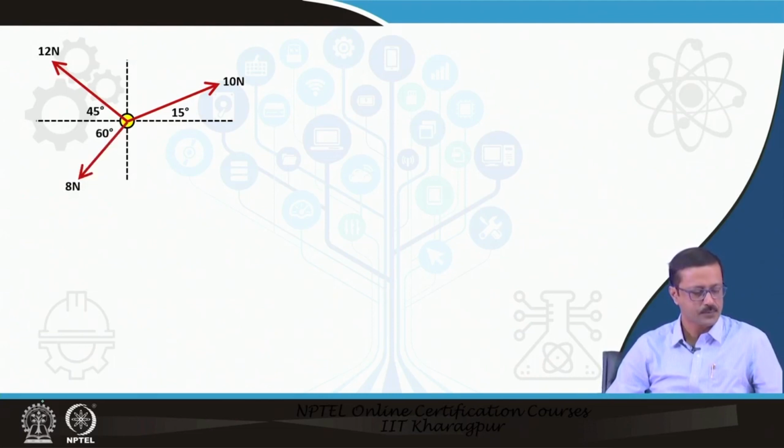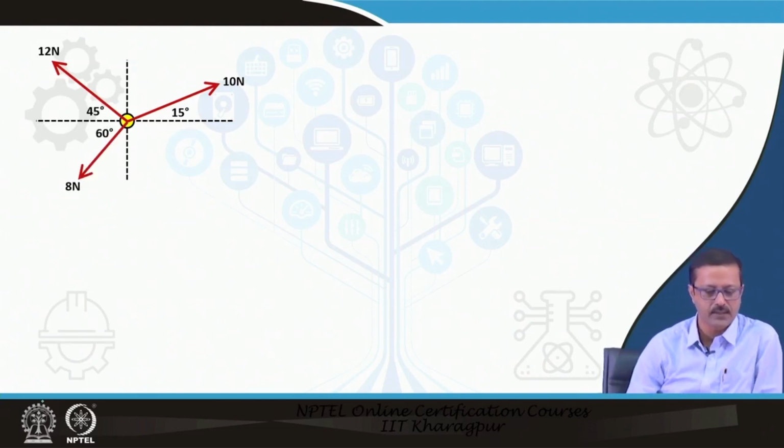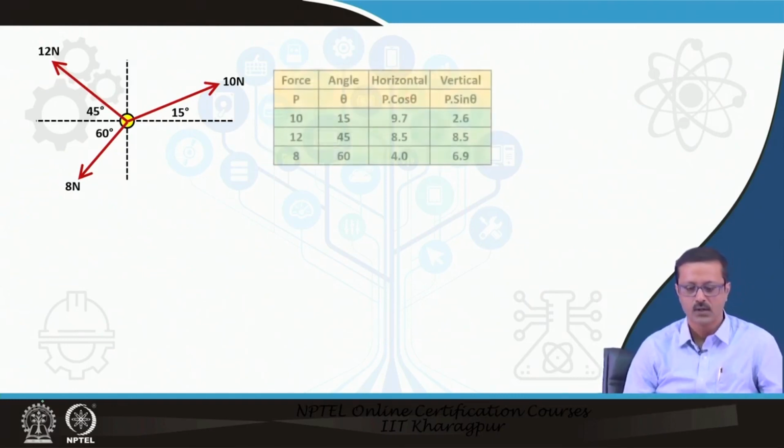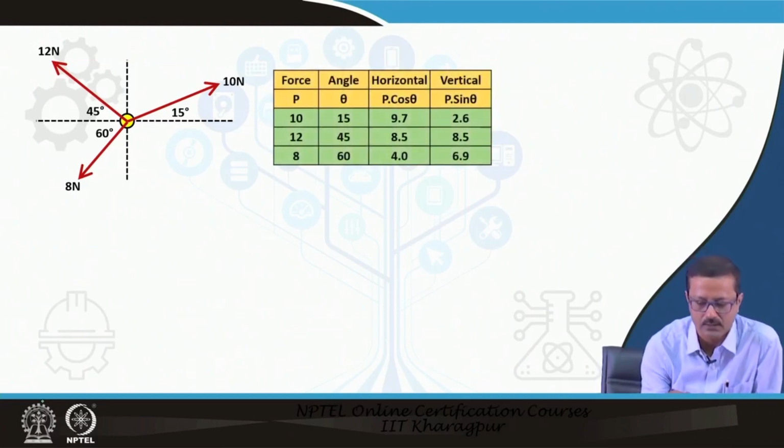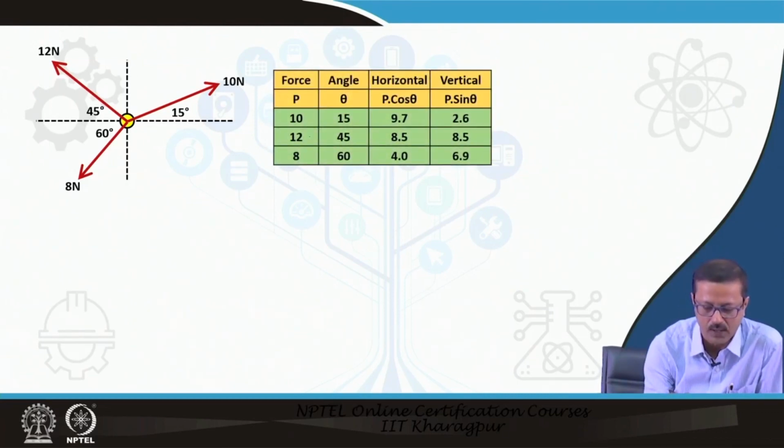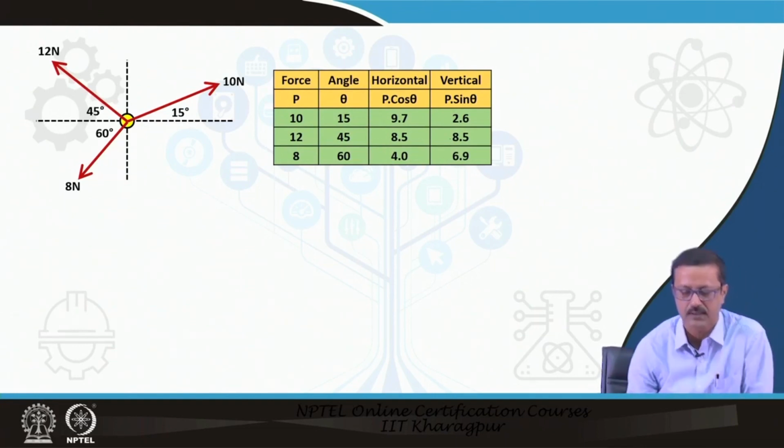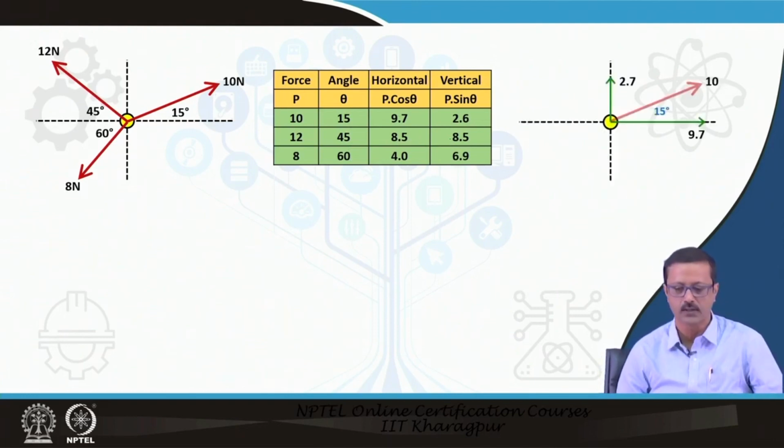Now let us suppose I have 3 such forces, with 15, 45 and 60 degree inclination with the horizontal axis, and 10, 12 and 8 kilonewton in magnitude. I have noted down the forces 10, 12 and 8, the angles with the x axis, and the P cos theta and P sin theta are also found out.